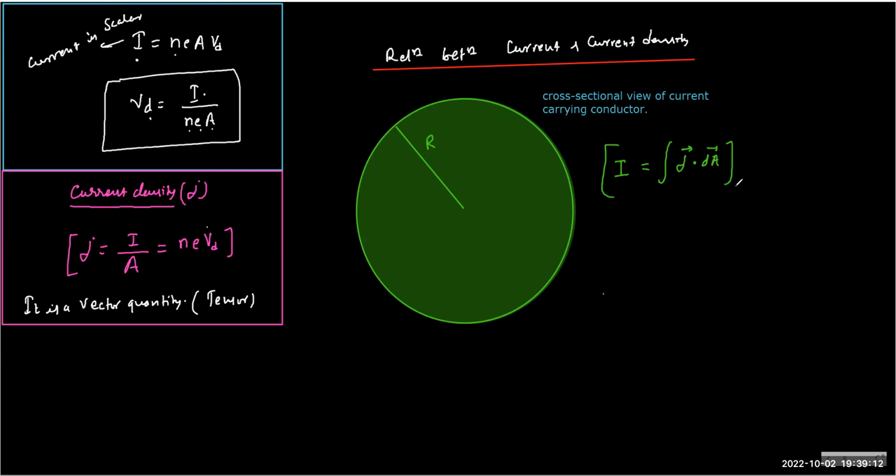So here we have a flat surface. Is it necessary that we will always get a flat surface? The answer is no. We can get a curved surface also. So imagine we have a conductor of spherical shape.